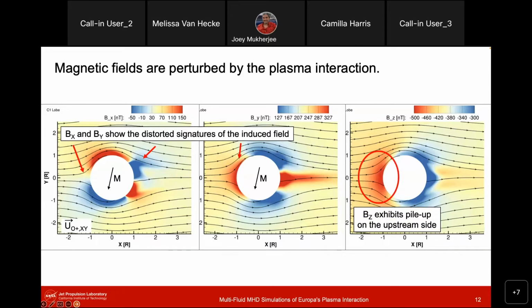I mentioned that the plasma is frozen into the magnetic field in this interaction. And so what that means is that when the plasma gets piled up and stuck on the upstream side of the interaction, so does the magnetic field, and that causes the magnetic field strength to increase on the upstream side, where stuff is being slowed down and diverted around the moon.